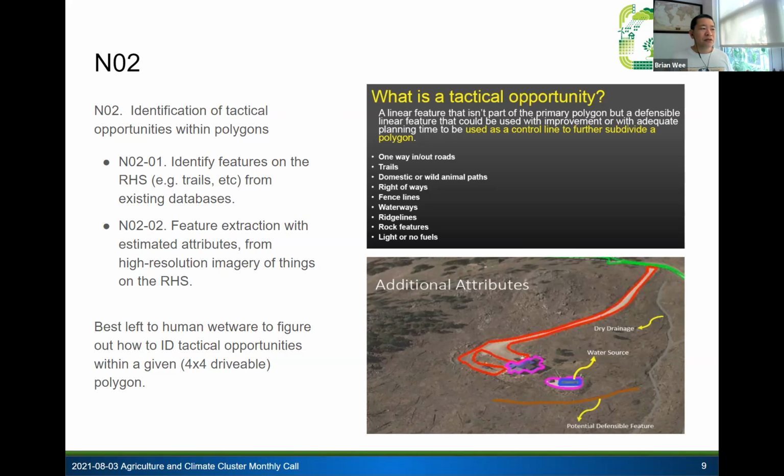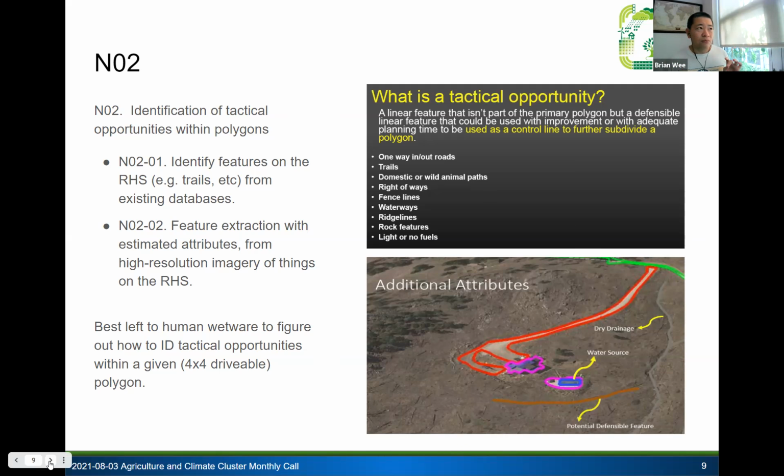But the machine could take the first pass of doing a feature extraction from images, and even, as Tim had pointed out, from the topography of the land from LiDAR or other means, or even SAR data.